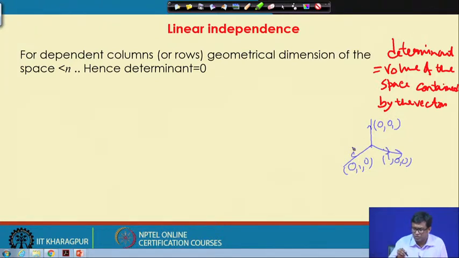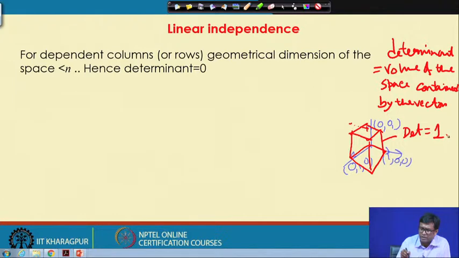The volume will give us the determinant, which will be 1.